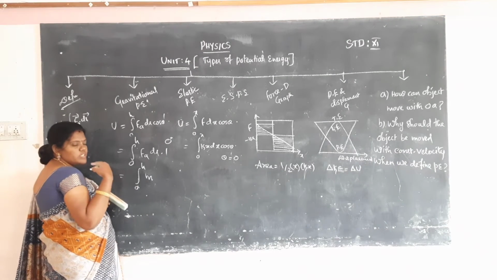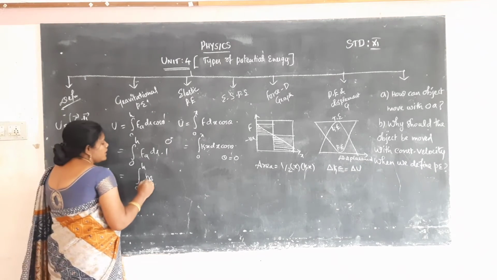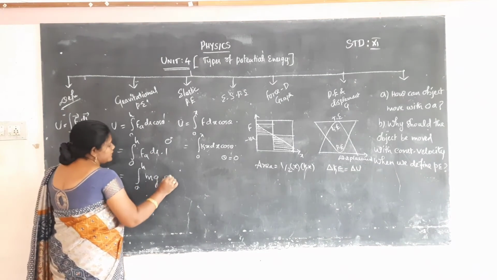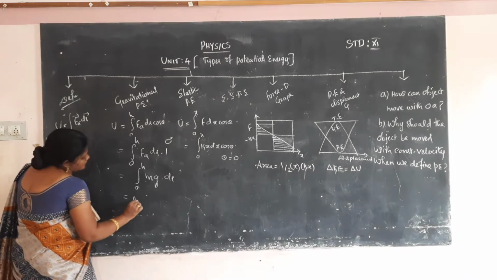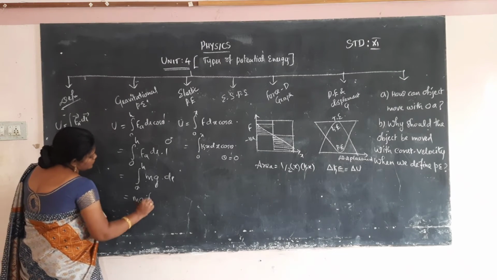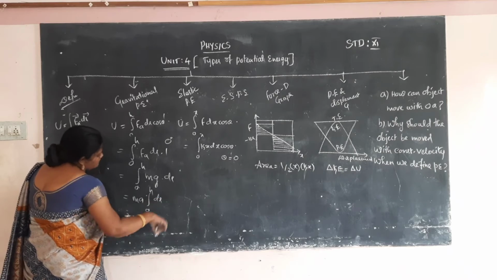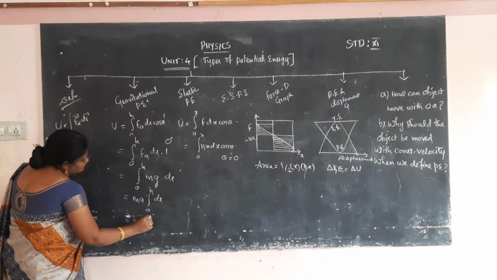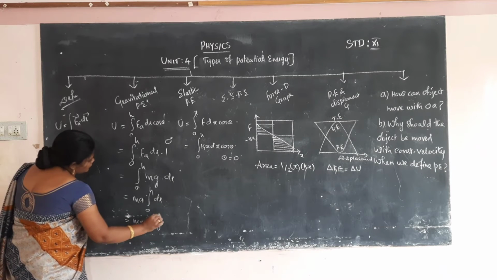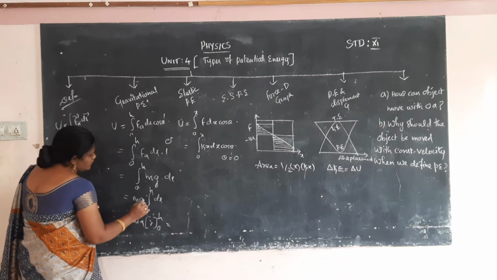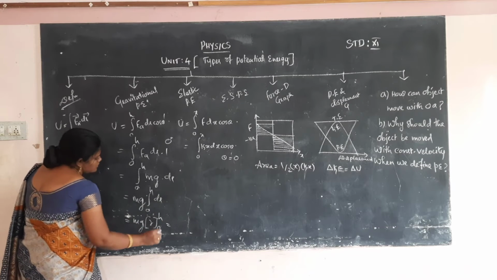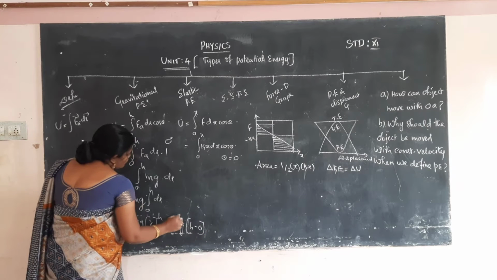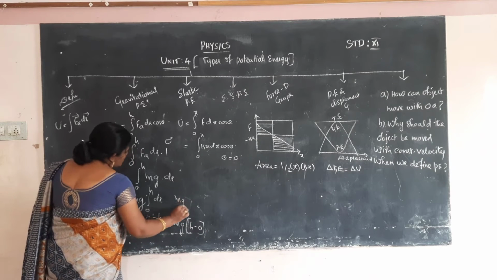In this phenomenon we take the acceleration due to gravity, so m into g, and dr. So mg is taken outside as a constant, and the integral from 0 to h of dr. The integral of dr is r from 0 to h. So mg, upper limit is h, lower limit is 0. So automatically the formula is mgh.